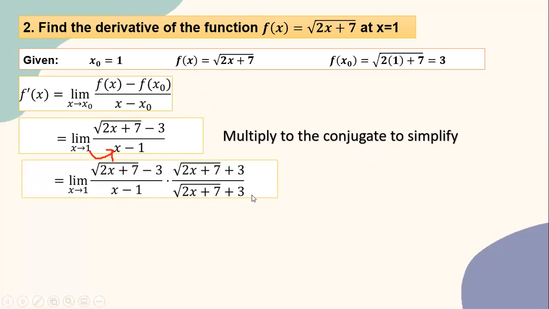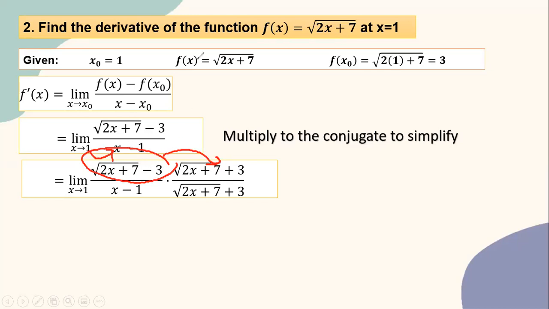So it looks like this. So kung sa numerator natin, we have square root of 2x plus 7 minus 3. So multiply natin yung numerator and denominator to square root of 2x plus 7 plus 3. So ang conjugate nito ay itong square root of 2x plus 7 plus 3. Kung mapapansin natin, naging positive yung negative 3.